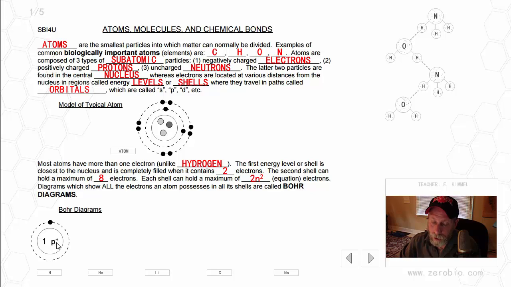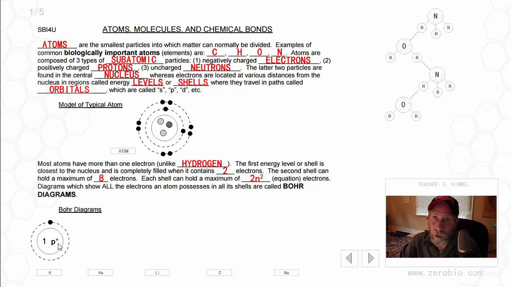Now, here's the thing. Hydrogen, which is the simplest element, has no neutrons. It only has one proton and no neutrons. Therefore, when we draw the Bohr diagram, we just write 1p plus. That plus sign indicates that this is a positively charged proton.